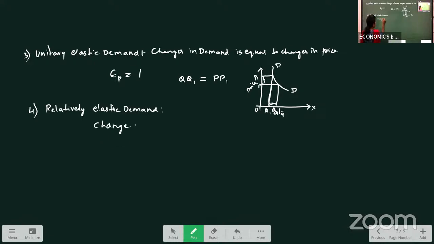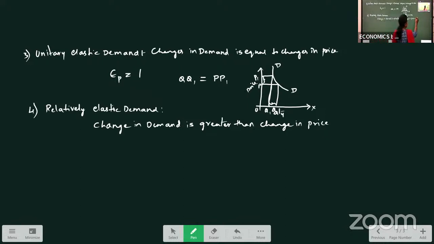So, change in demand is greater than change in price of the commodity. Means demand changes are more, price changes are less.